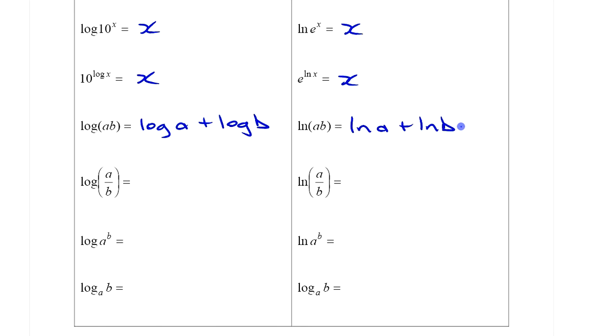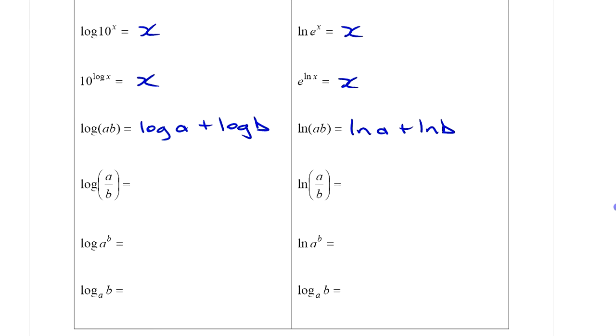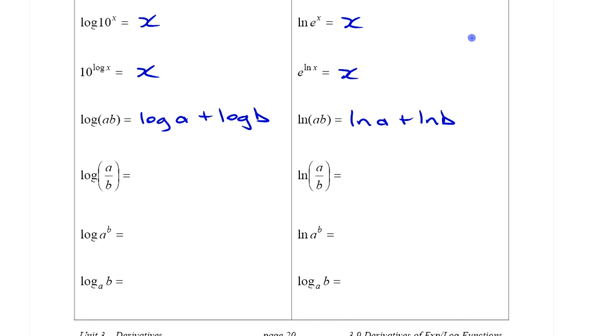It's just like any other base, because any of these rules would work in any base, and this is no different. Base e. You could actually write, that's the button on your calculator, but you could actually write it like this, log base e. Just like you could write log base 7 of something. You could write log base e of something. But for some reason, that's the shorthand that people use.